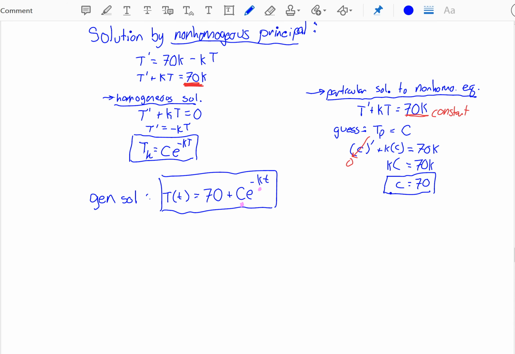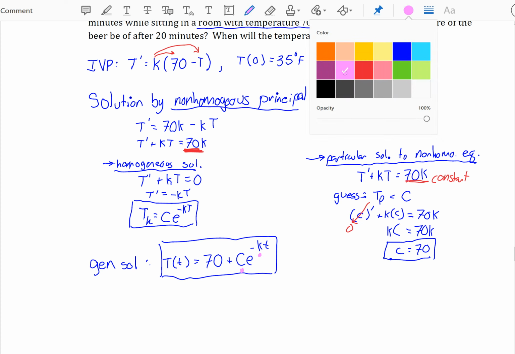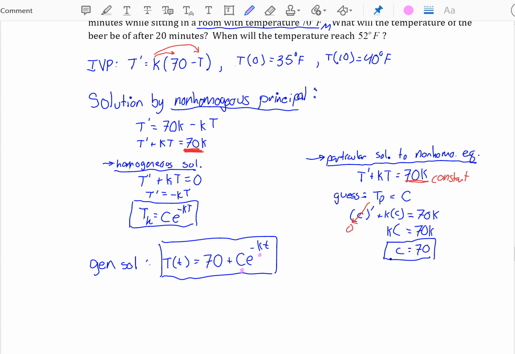So like before, we have two conditions that allow us to find these constants. We're going to use the fact that T of 0 is equal to 35. This is what we use to find our constant c. T of 10 is equal to 40.